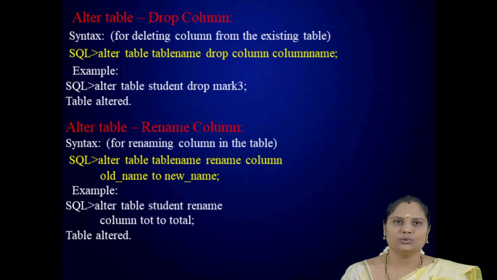We write the query as alter table student rename column tot to total. Now we get the table student with the columns roll number, name, mark 1, mark 2 and total. Now the table has the column tot renamed as total.